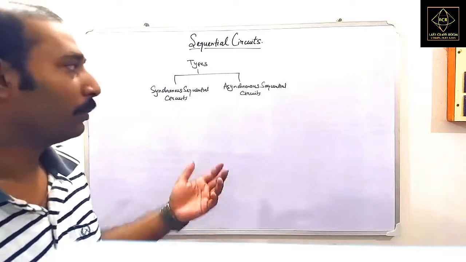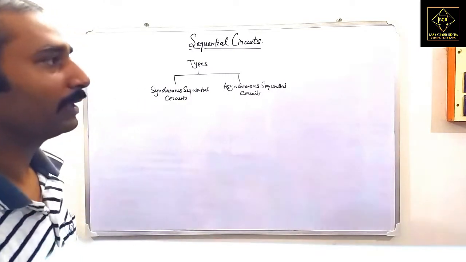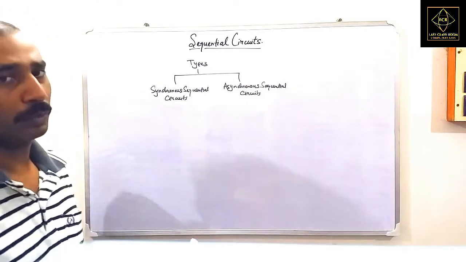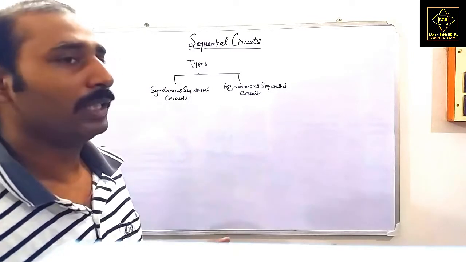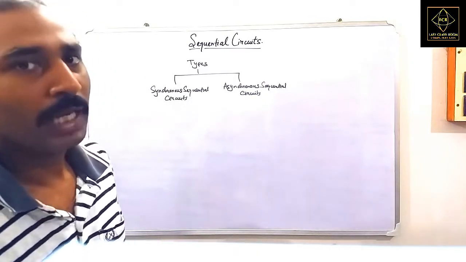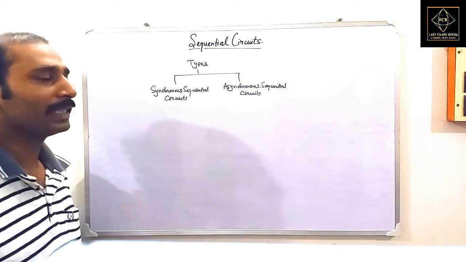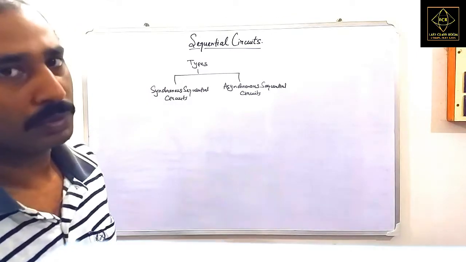In combinational circuits we have learned there are select inputs and control inputs. Here we are giving a special kind of control input, and with that we are synchronizing these inputs or outputs.